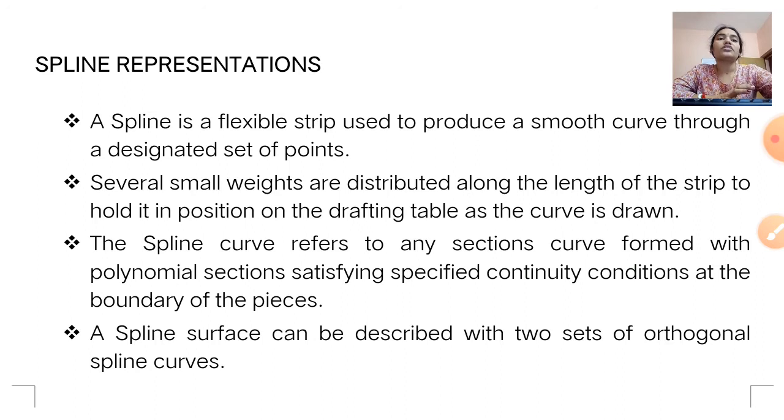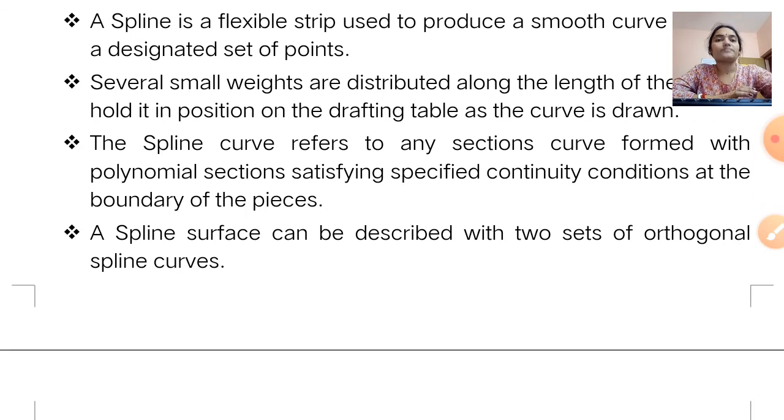We will discuss the different types of continuity later. Next, a spline surface can be described with two sets of orthogonal spline curves, which means two parts of the curve can be combined or joined together.